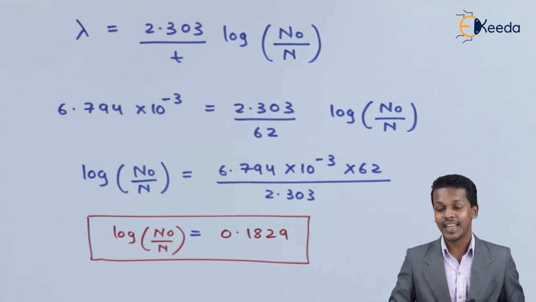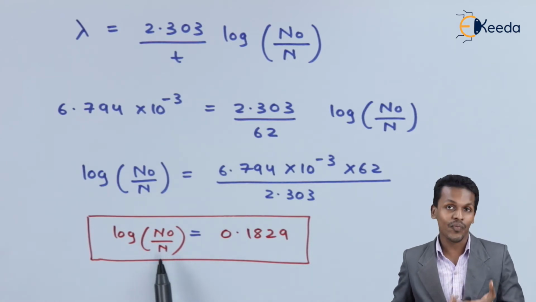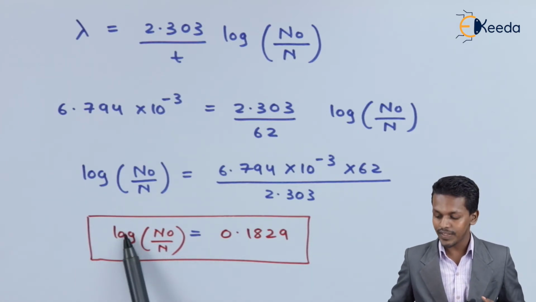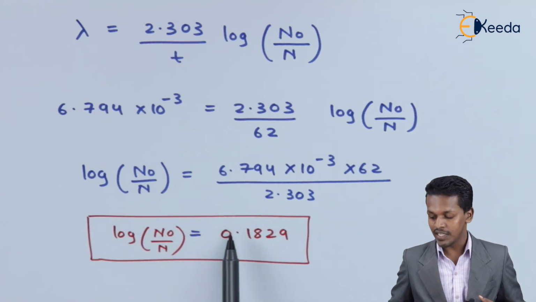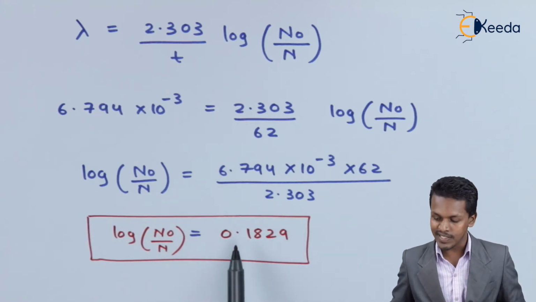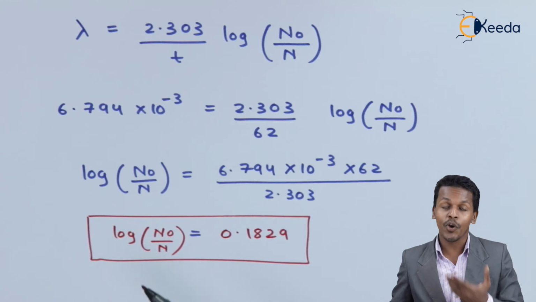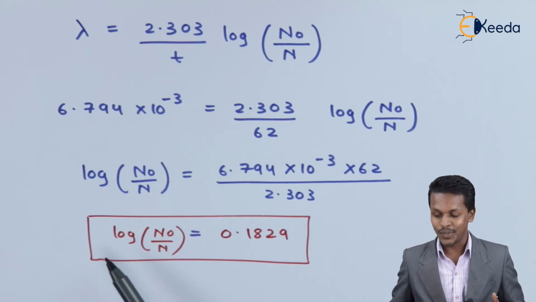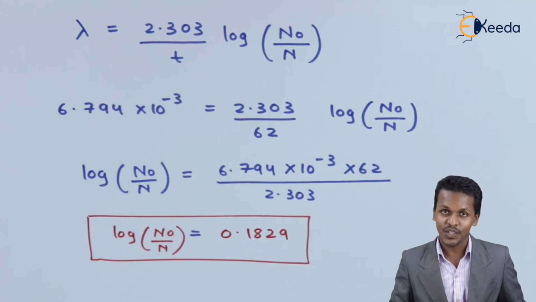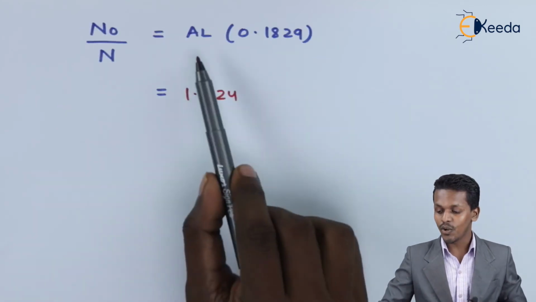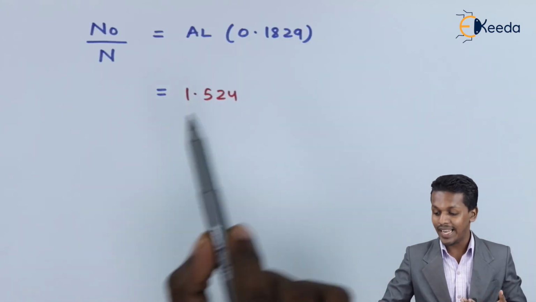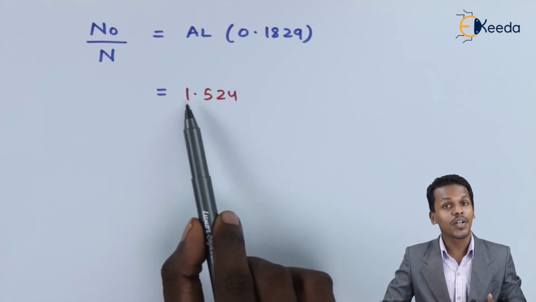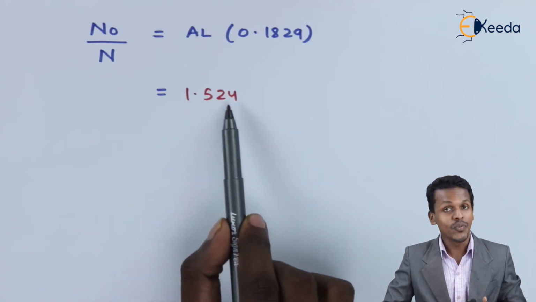But this is not the final answer, because we have to calculate the value of N. We can shift this log to the other side by taking the antilog, and then we get a pure ratio of N0 divided by N, which is free from the log. After taking the antilog of 0.1829, we get 1.524.